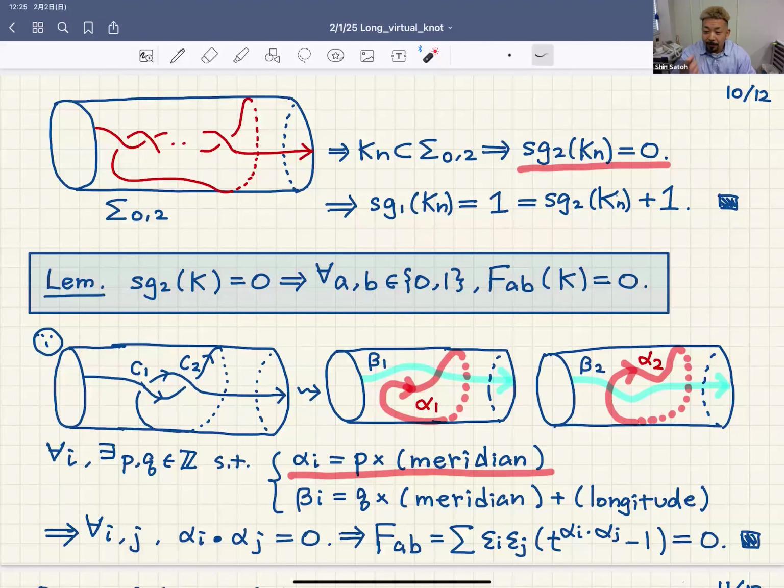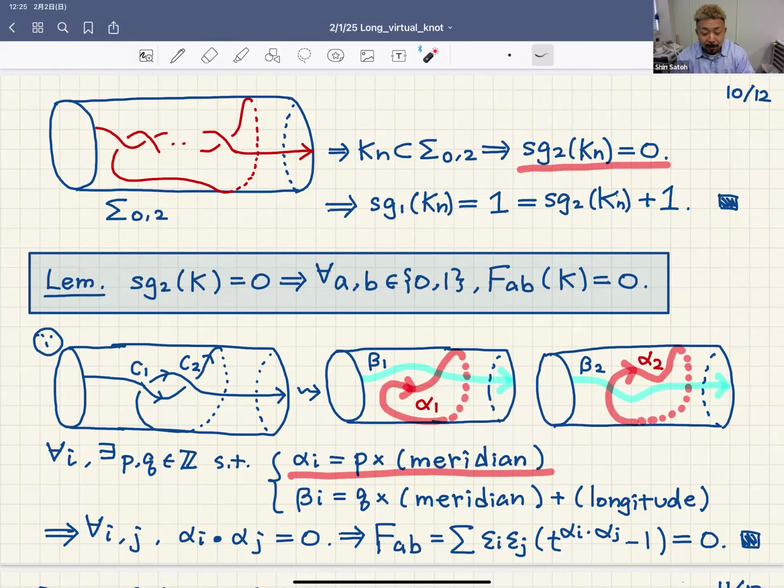In fact, since the two supporting genus is equal to 0, it has a surface realization on an annulus. At any crossing CI, we consider the loop which is obtained from the diagram by smoothing the crossing CI.